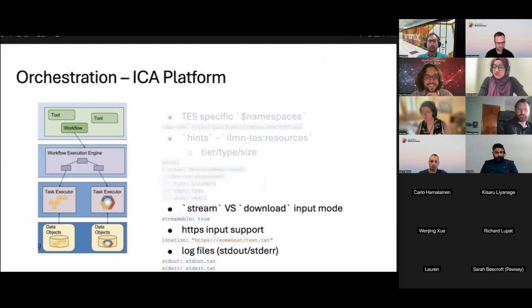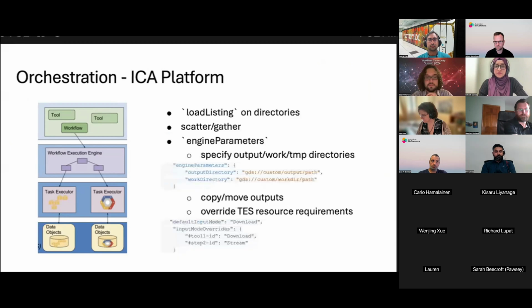It's really important for genomics because genomics data is big. You can't wait at times for a task to start. You don't want the data to be downloaded before a task can start. So Illumina, with their tool, which is Dragen, can start streaming the data. And as the data is being streamed into your instance, it can start processing it in bytes. That's a positive thing, which means your data is processed much faster.